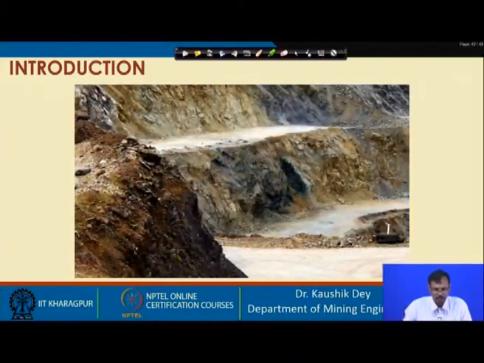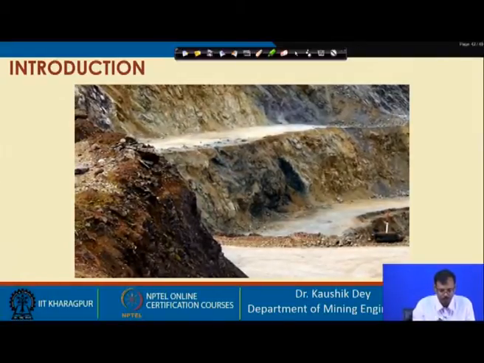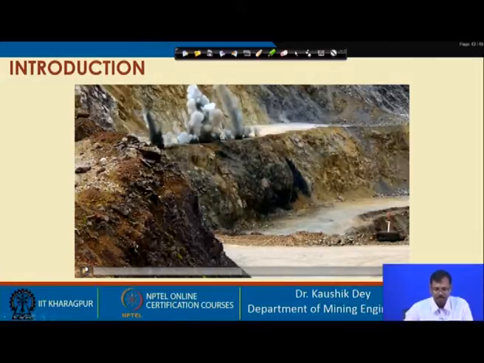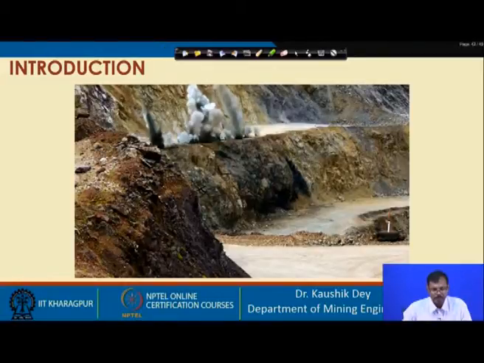If you see it at the slower pace, in between we will stop it for a while. Let us stop the video at this position, and you can see there is no stemming ejection, there is no flame coming out from the mouth of the holes, and the movement of the rock is very fine.